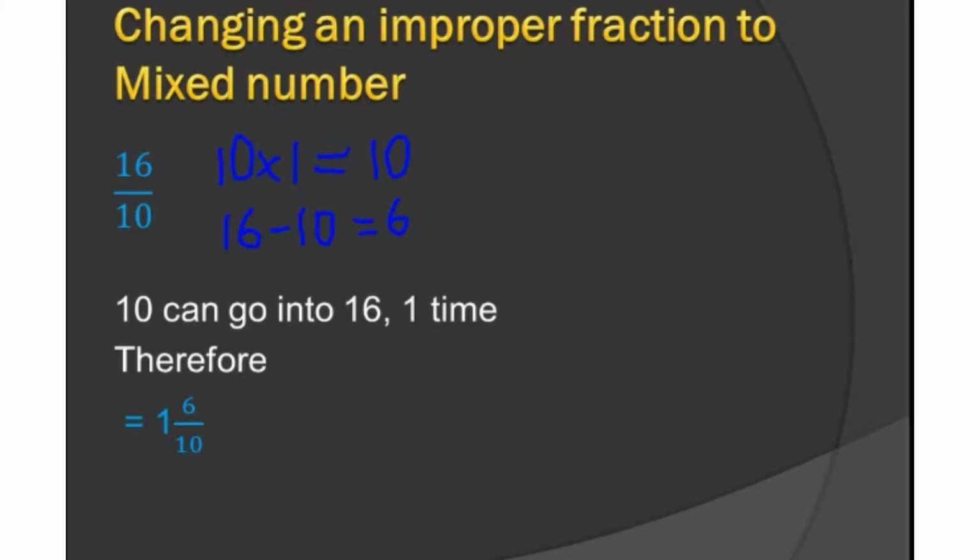And 6 as the numerator is 10 from 16. And you write back the same denominator. This can be also simplified to 1 and 3/5 because 2 can go into 6 3 times and 2 can go into 10 5 times.